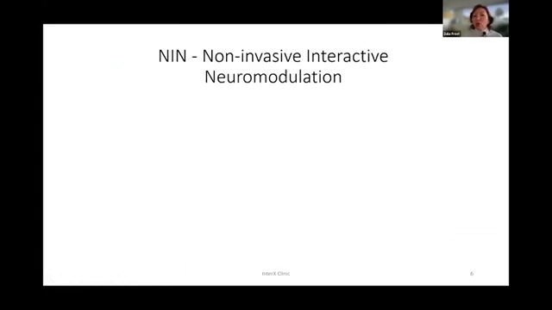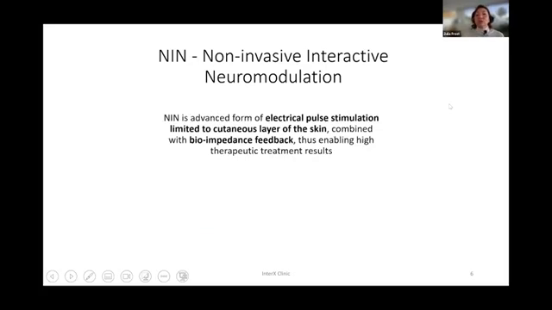So let's look now at what therapy InterX actually delivers. InterX delivers non-invasive interactive neuromodulation. Okay, let's decipher this name. This is really a mouthful, but it reflects exactly what it does. So we produce a form of electrical pulse stimulation, and this electrical pulse stimulation is limited to the cutaneous layer of the skin.